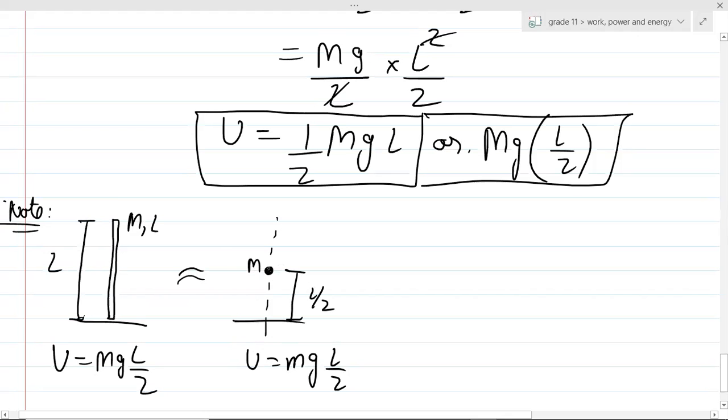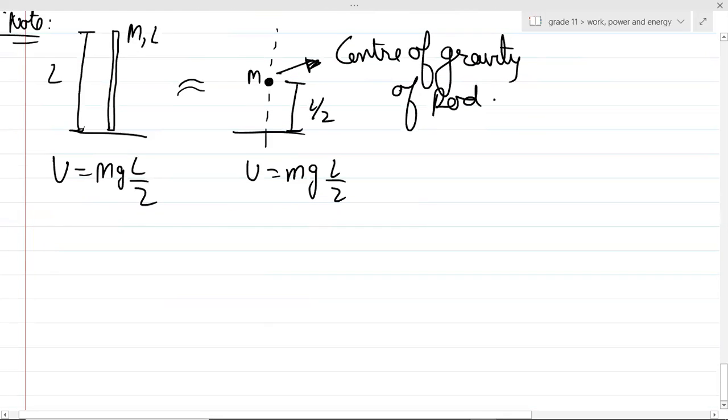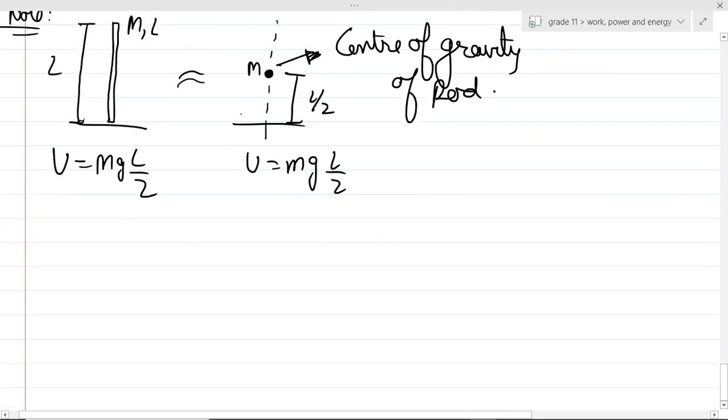So this will be the center of gravity of the rod. So this is the potential energy. Is this clear? I'll give you one question using this result.